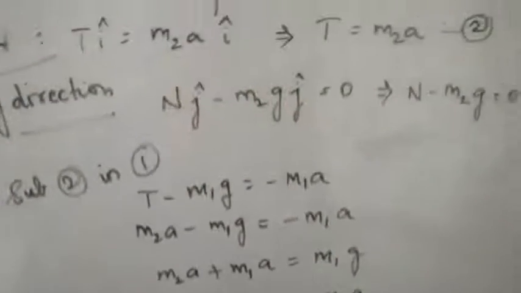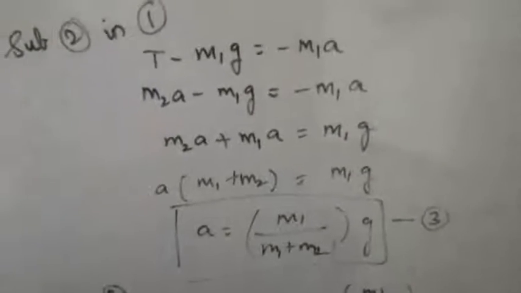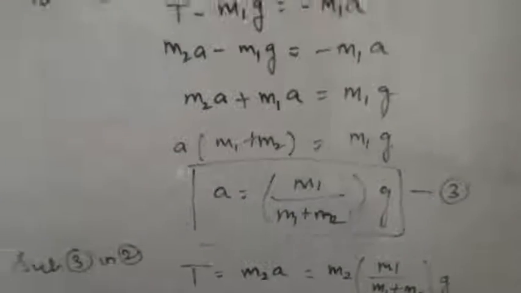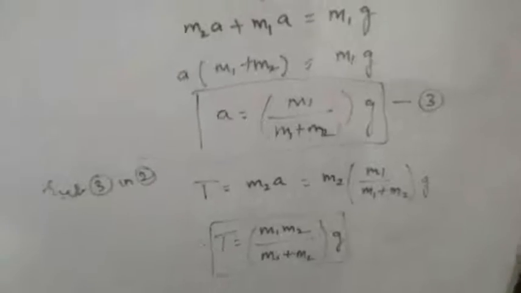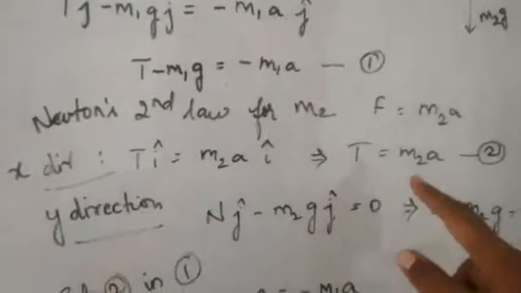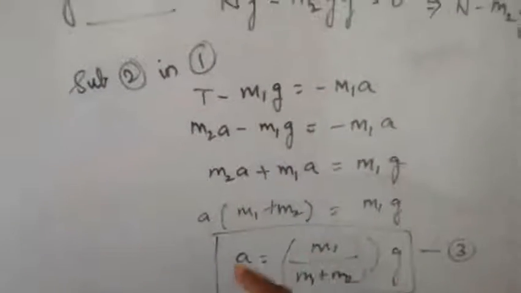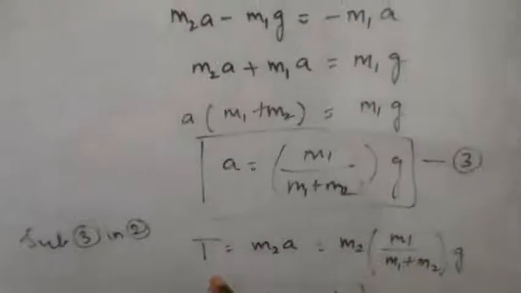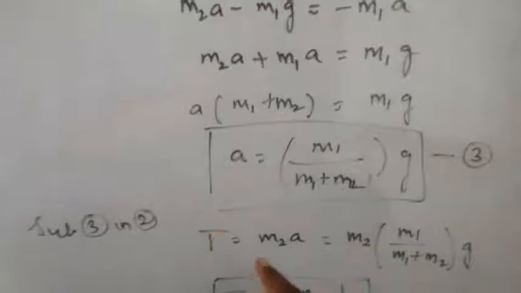So we have found the acceleration. Finally, what we have to find? We have to find the tension force acting on the body due to horizontal motion. So for that, you have a very simple equation. Tension T is equal to m2a. So you substitute the value of a, equation number 3, in equation number 2 to find the T value. So the second equation is nothing but T equal to m2a.